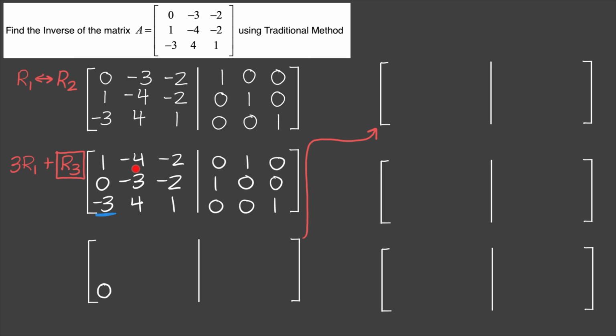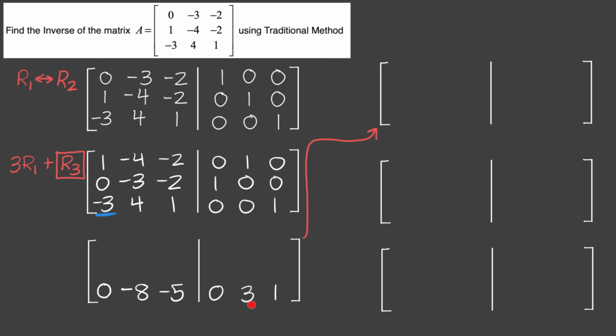Then 3 times negative 4 is negative 12, plus 4, which is negative 8. 3 times negative 2 is negative 6, plus 1 gives us negative 5. 3 times 0 is 0, plus 0 is still 0. 3 times 1 is 3, plus 0 gives us 3. And lastly, 3 times 0 is 0, plus 1 gives us 1.